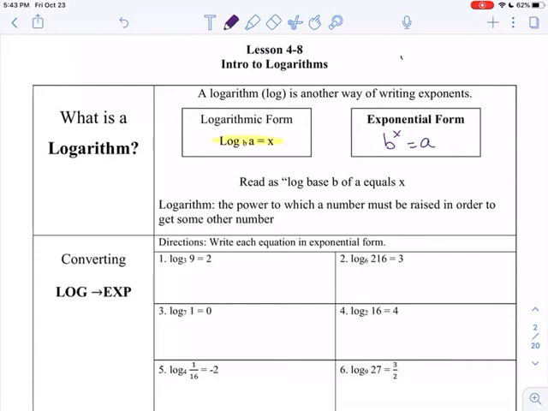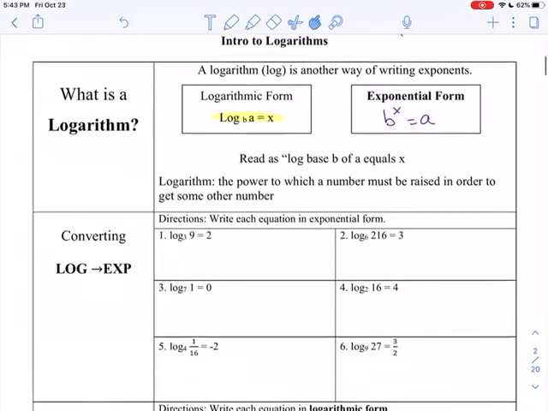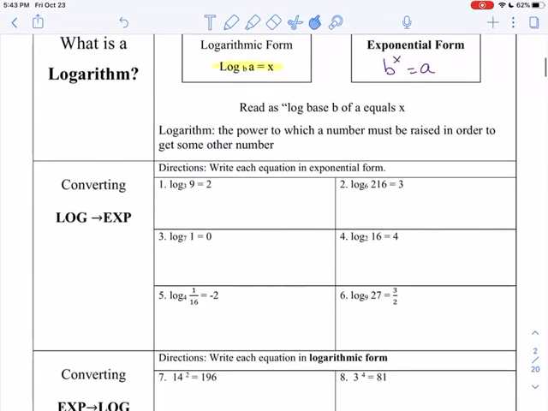So the number on the right, that x, is actually the exponent. The base b is the base, and the answer is the exponent. So the logarithm is the power to which a number must be raised in order to get some other number. The answer is that exponent or that power.